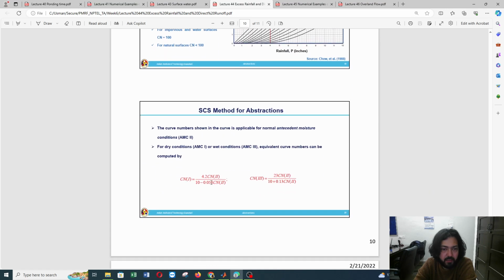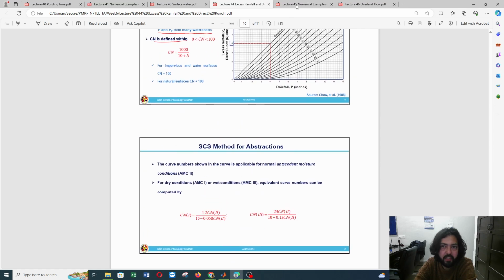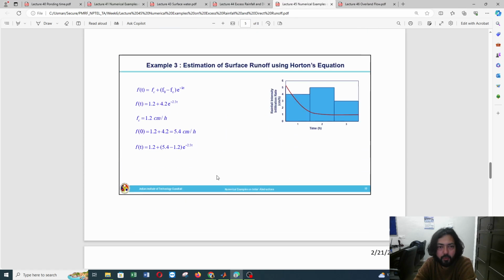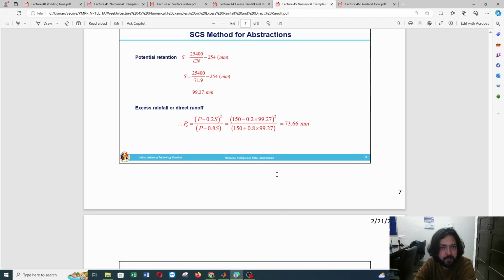Then we have seen the equation for CN for both the conditions, CN1, CN2, and then we came on to the numericals. We have seen numericals based on the SCS curve number method, and also numericals based on the phi index approach, right?